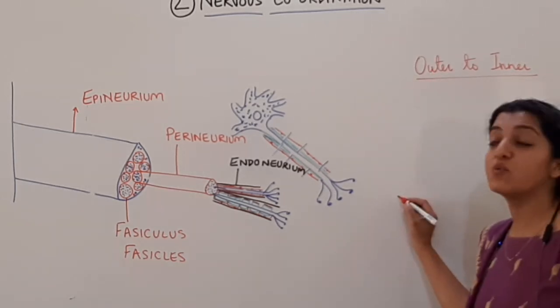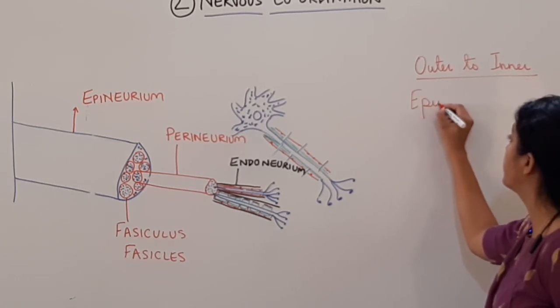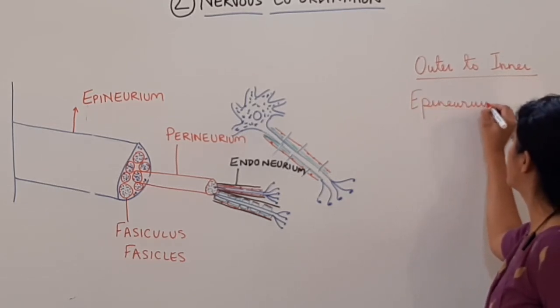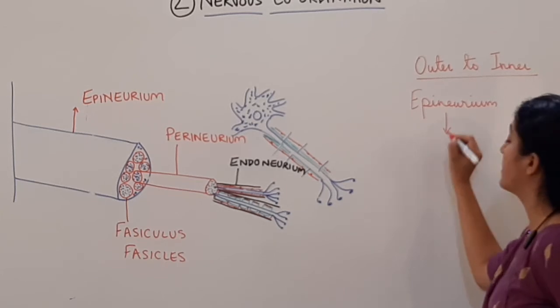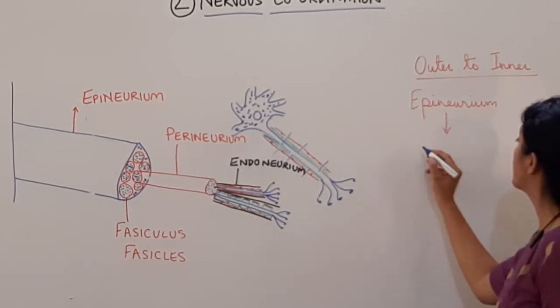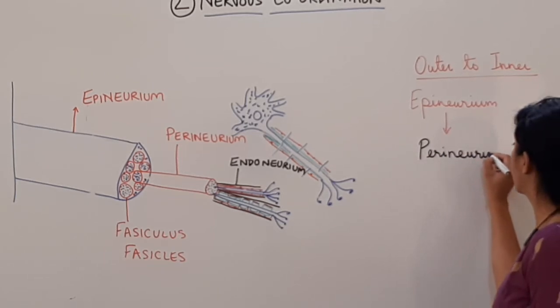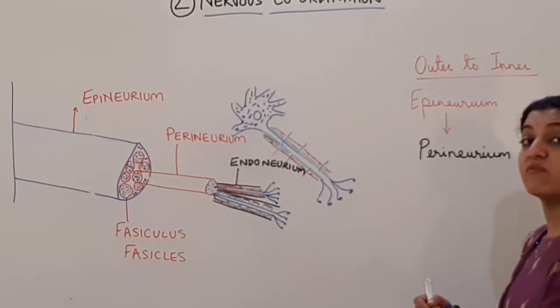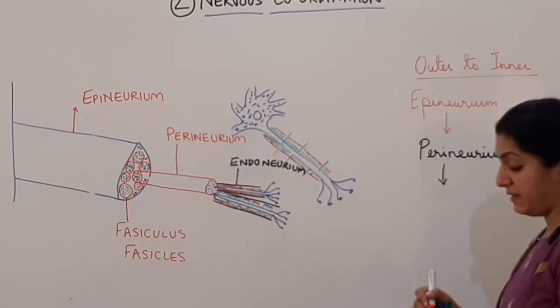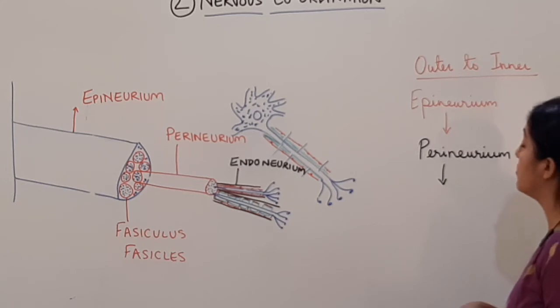So from outer to inner, see, the most outside one will be the epineurium. This will be followed by the perineurium. This will be followed by the endoneurium.